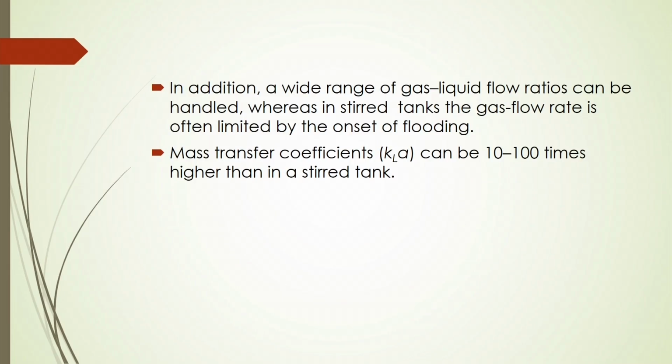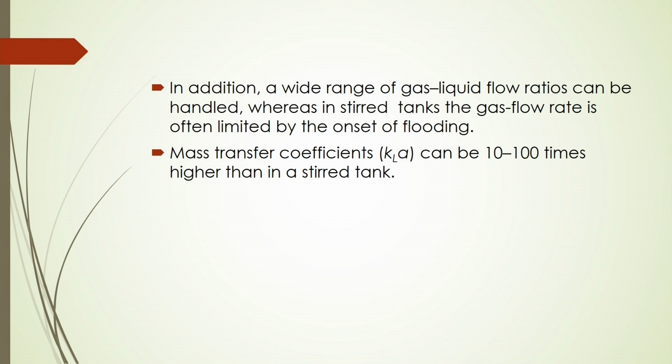In addition, a wide range of gas liquid flow ratios can be handled here, whereas in stirred tanks the gas liquid flow rate is often limited by the onset of flooding. So, if you are applying stirred tank reactors instead of the static mixer, you may get flooding conditions in the stirred tanks.